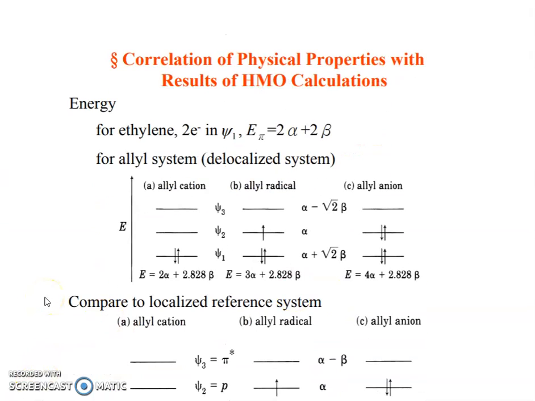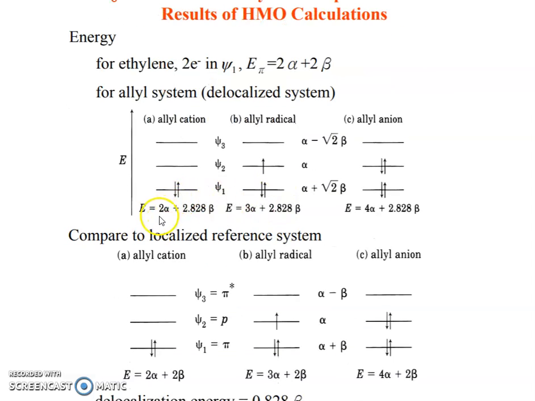Now friends, correlation of physical properties with results of HMO calculations. You know the energy for ethylene, meaning 2 electrons in psi 1, E pi is 2 alpha plus 2 beta. For allyl system, delocalized systems, you can see here psi 1, psi 2, psi 3.